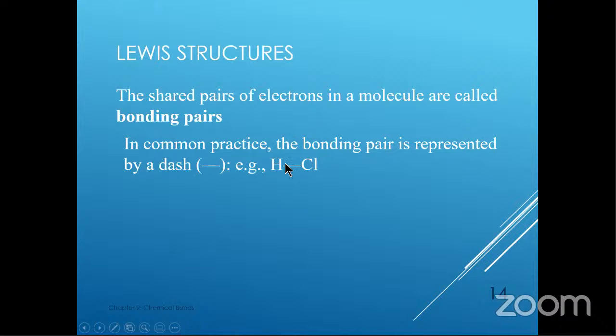So for example, in the case of the hydrogen chloride molecule, this dash is indicating that you have 2 electrons being shared between the hydrogen and the chlorine atom. And going back to the hydrogen molecule example that I showed you in the previous slide, that can be simply represented by this, H dash H, right? Again, that line represents a shared pair of electrons, all right?